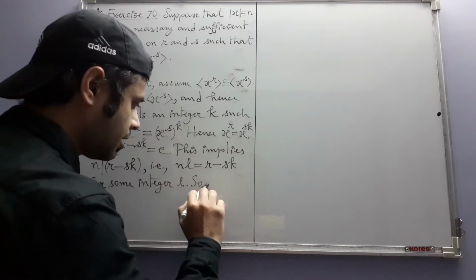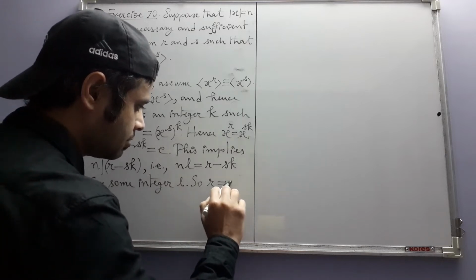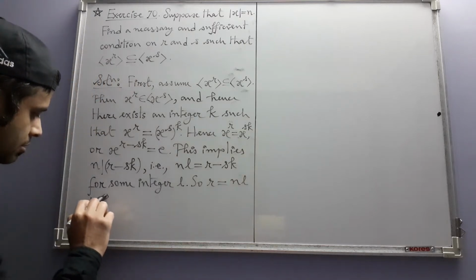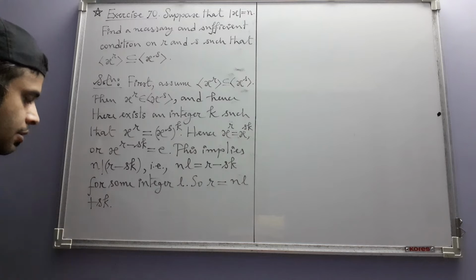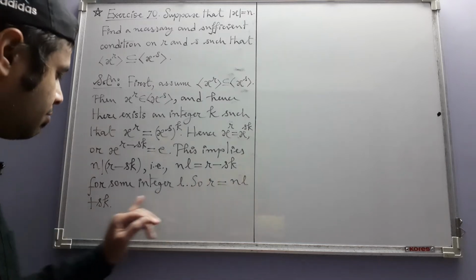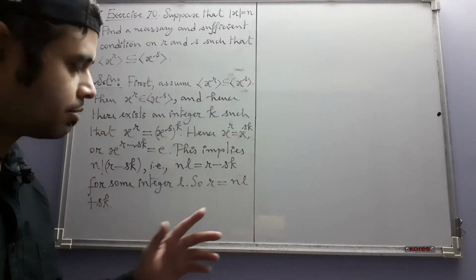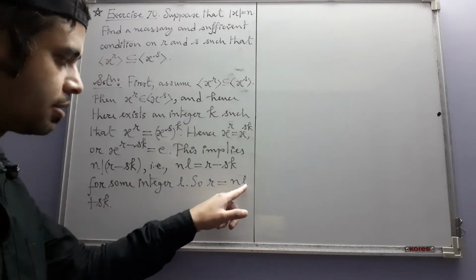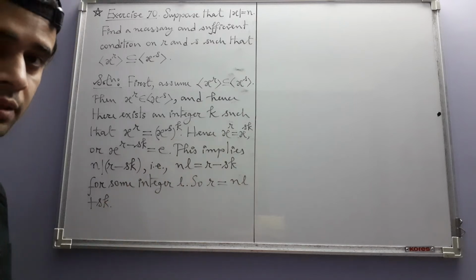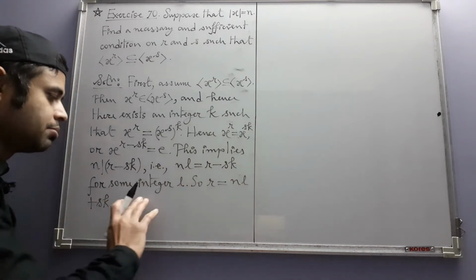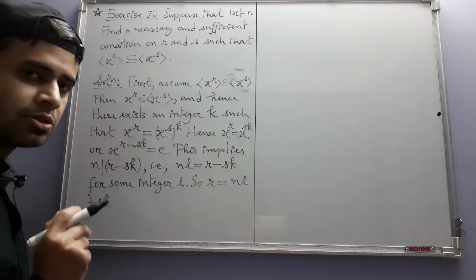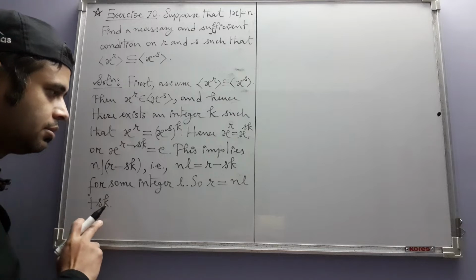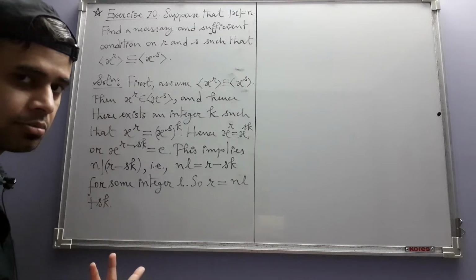So now what are we getting? r is equal to nl plus sk. Now note that nl plus sk is a linear combination of n and s, and the coefficients l and k of course are integers, and we know from properties of the greatest common divisor of two integers that this linear combination is divisible by the greatest common divisor.